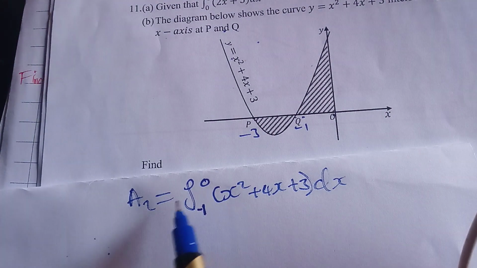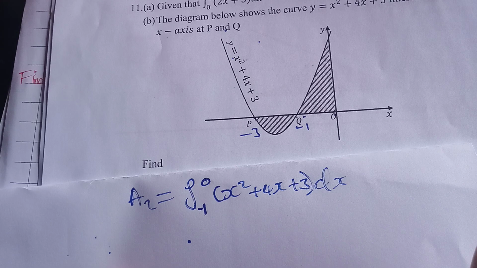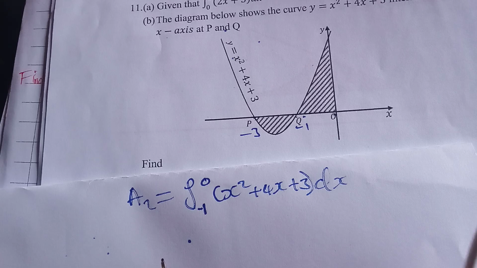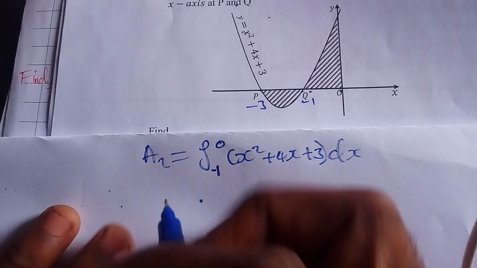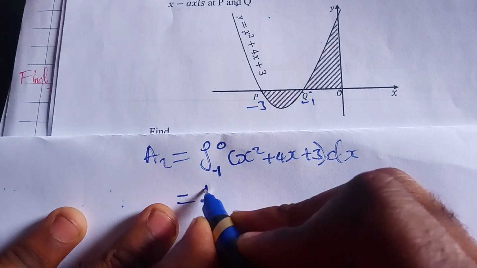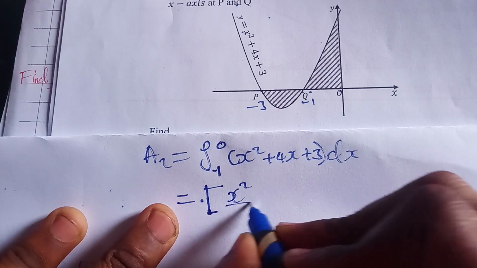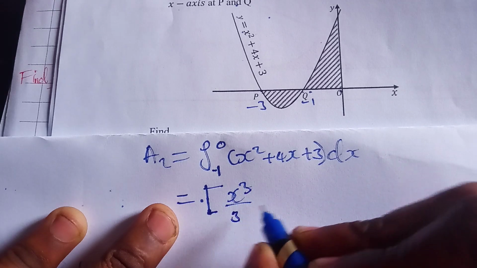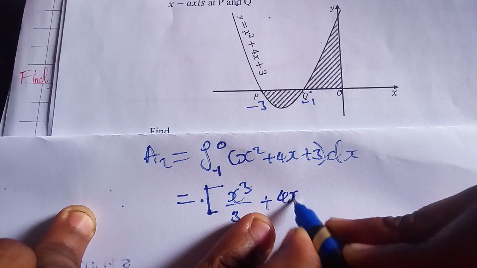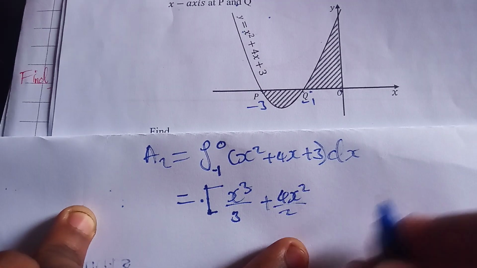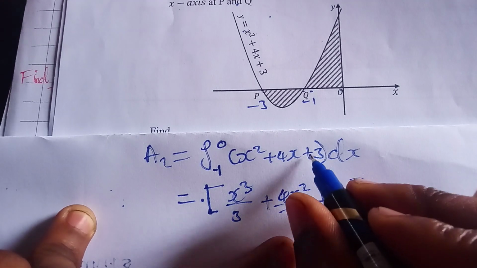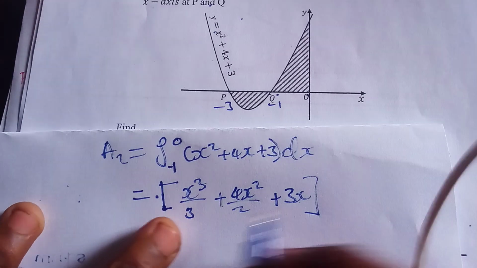So you don't need the modulus signs here, because this one is above the x-axis, so it is expected to be a positive area. So now when you integrate, this will be x cubed over 3, and then this one will be 4x squared over 2, and this will be 3x. Remember, for a constant you just add an x.